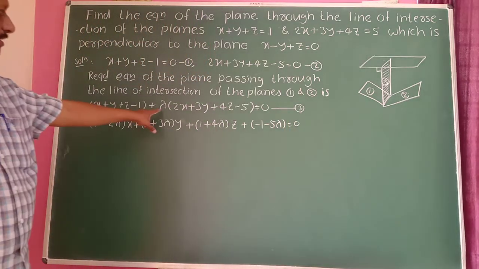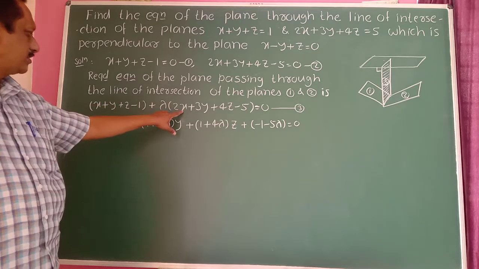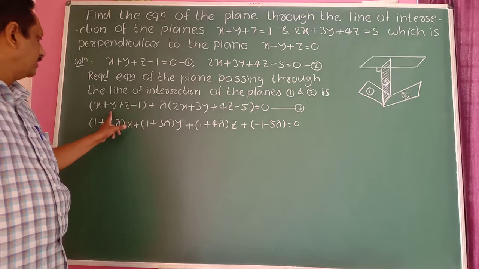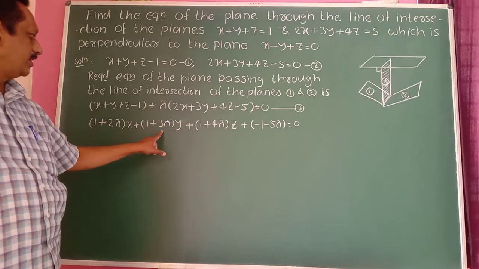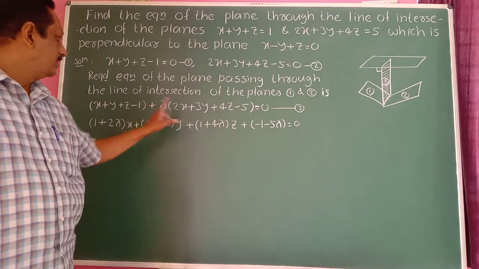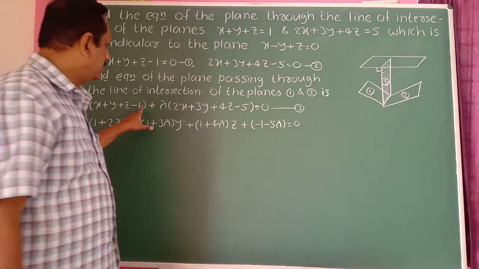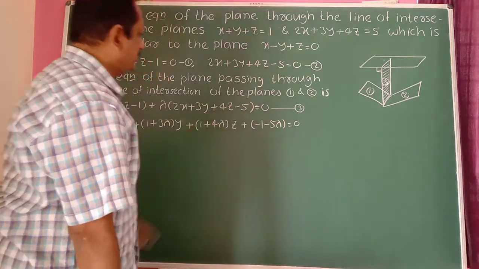Taking x common, 1 plus 2 lambda. From this, y common factor, 1 plus 3 lambda. Then z is the common factor, 1 plus 4 lambda into z, and minus 1 minus 5 lambda is equal to 0.